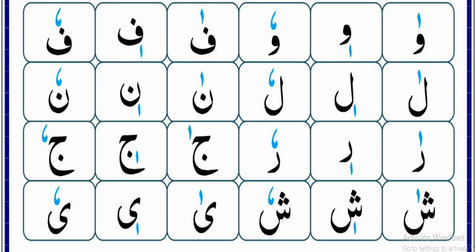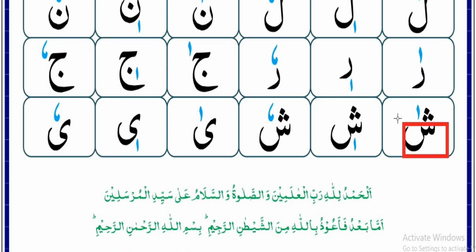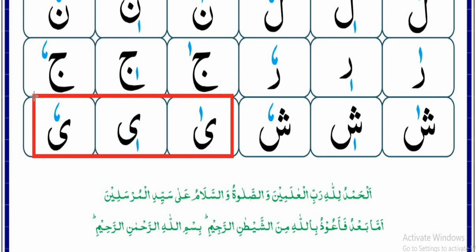And now let's spell the last line. Sheen standing fatha sha, sheen standing kasra shi, sheen standing dhamma shu, sha, shi, shu, and ya standing fatha ya, ya standing kasra yi, ya standing dhamma yu, ya, yi, yu.